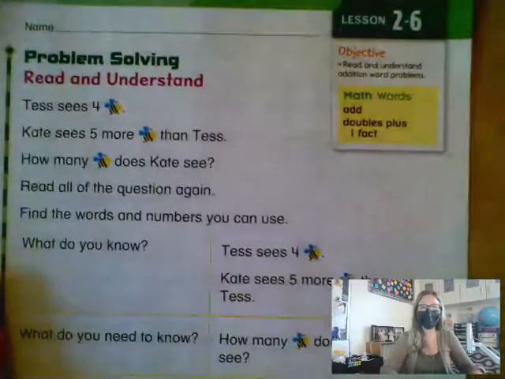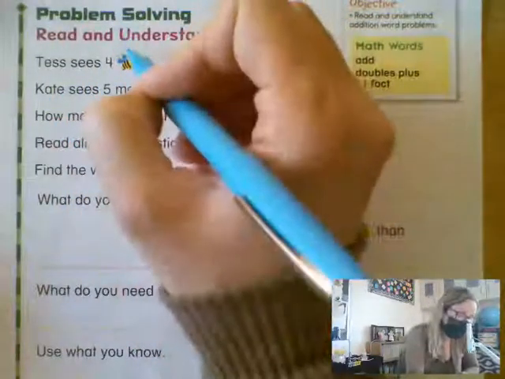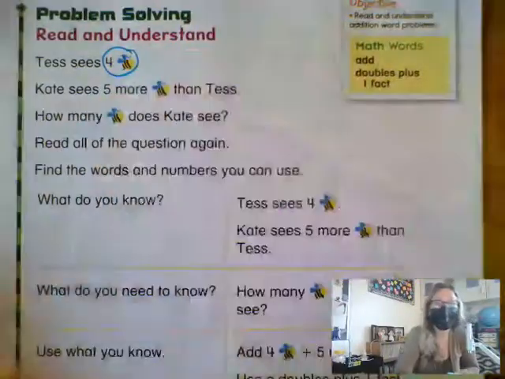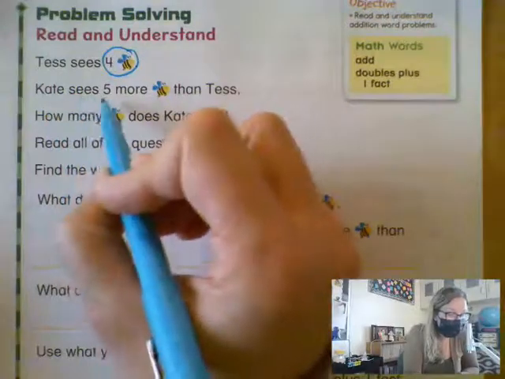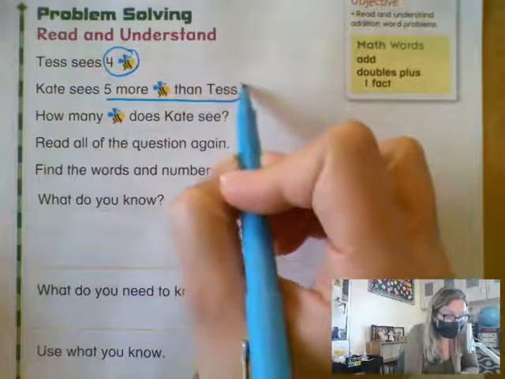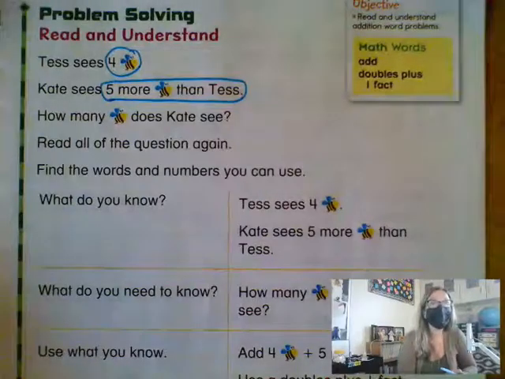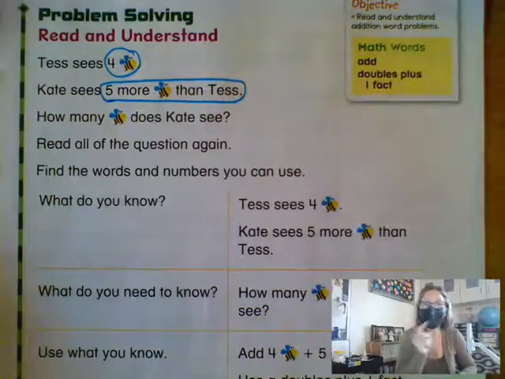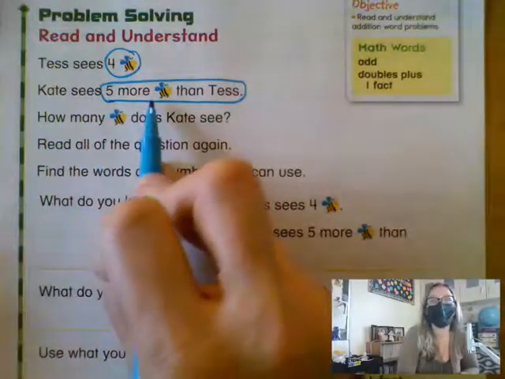So it says, read and understand. Tess sees 4 bumblebees. Everyone should circle 4 bumblebees. Kate sees 5 more than Tess. So you should circle 5 more than Tess. Now I want you to note in your mind, it does not say Kate sees 5 bumblebees.